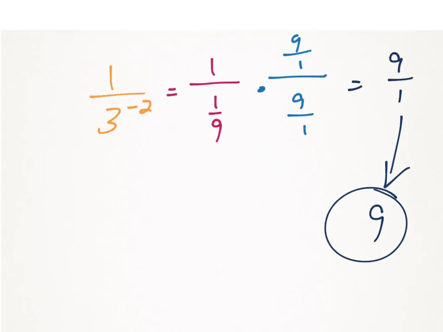To simplify this, we need to multiply by the reciprocal. The reciprocal is 9 over 1. In the numerators, you have 1 times 9, which equals 9, and the denominators are going to cancel out to equal 1, because you have 1 over 9 times 9 over 1. So that will give us 9 over 1, which is equal to 9, which is our answer.